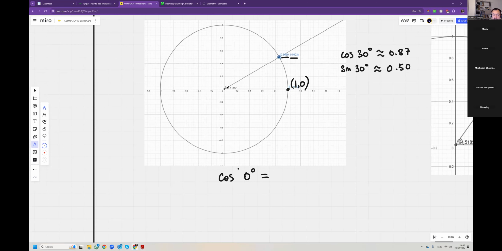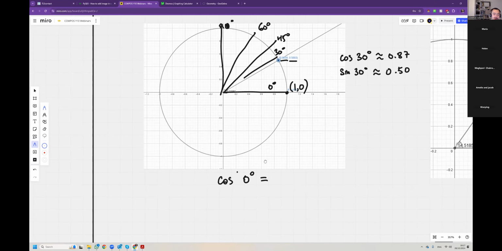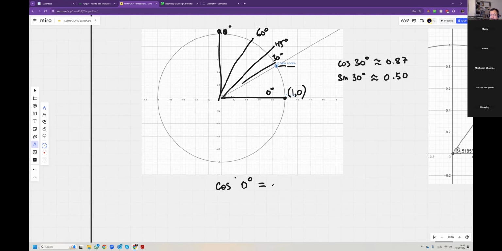So this is 0 degrees. This is 30 degrees, 45 degrees, 60 degrees, 90 degrees. So cosine 0 degrees is, somebody tell me? It is 1. And sine 0 degrees is, of course, the second coordinate, which is 0.